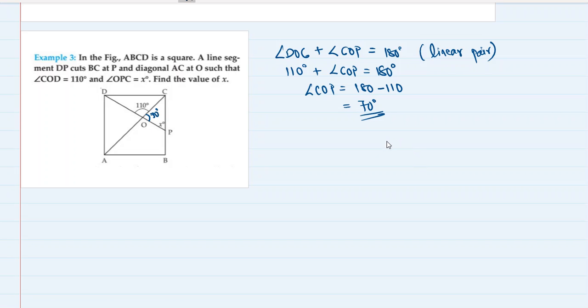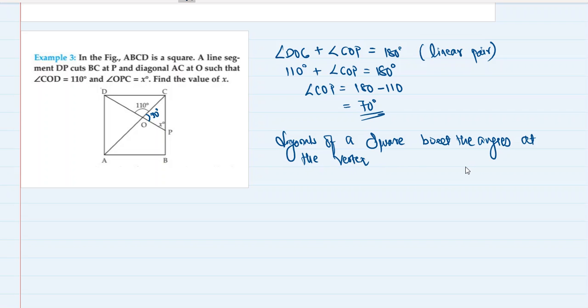One more thing we know, that diagonals of a square bisect the angles at the vertex.